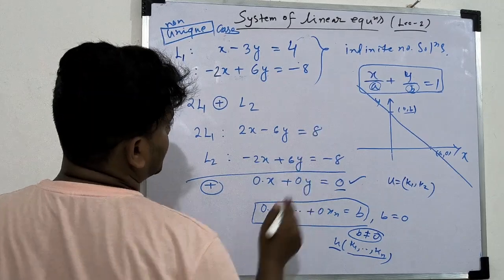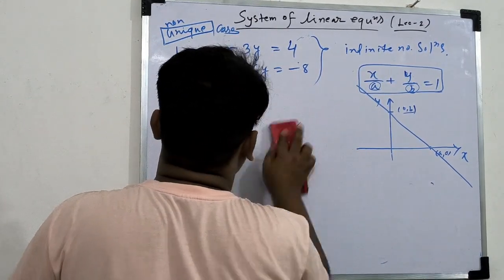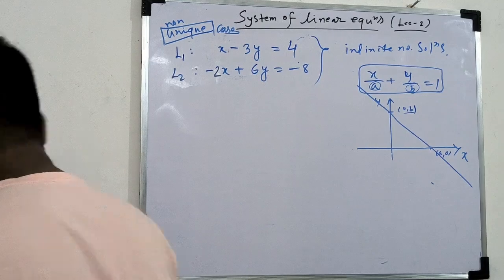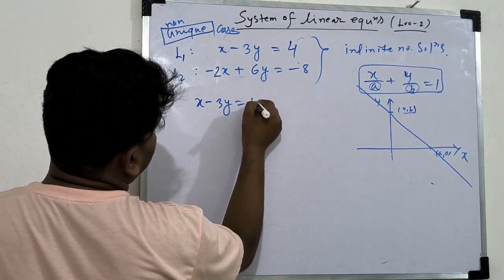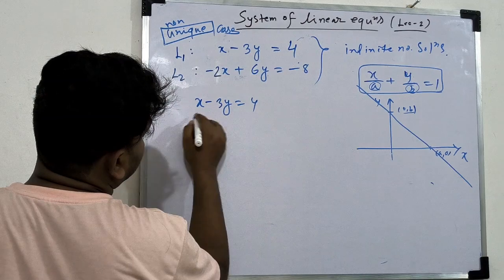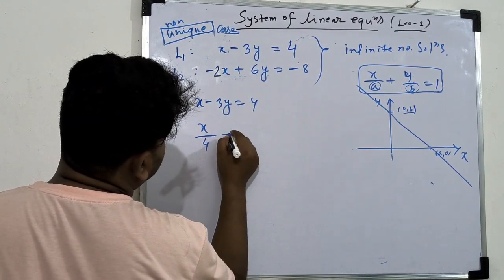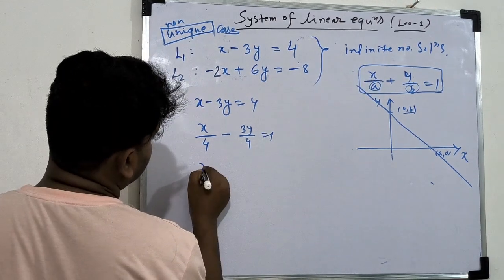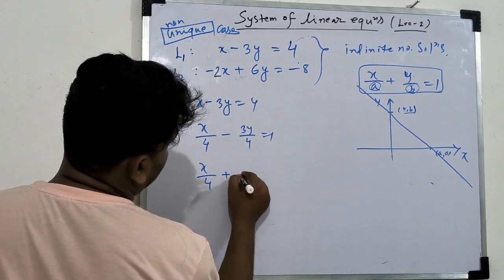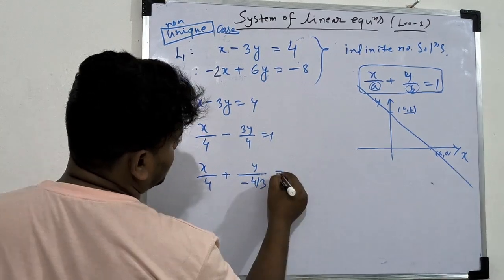So for this equation, let's see in another way. It has a linear equation with an infinite number of solutions. So x minus 3y equal to 4. If we divide both sides by 4, it will be x by 4 minus 3y by 4 equal to 1. So we have to take it in this form: x by 4 plus y divided by minus 4 by 3 equal to 1.